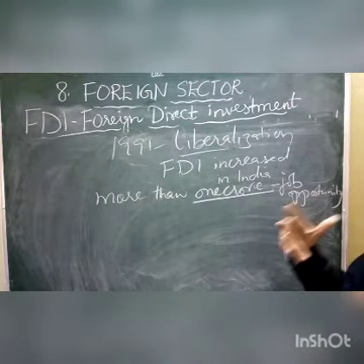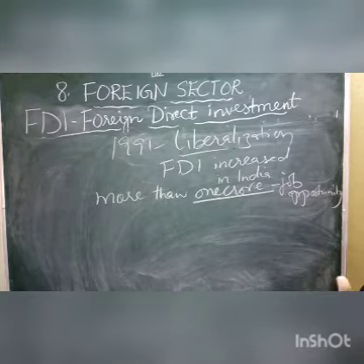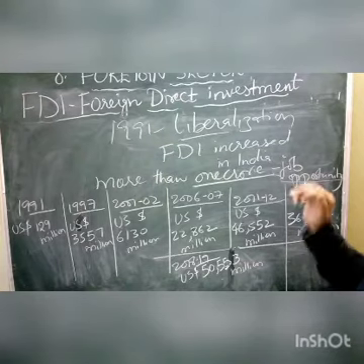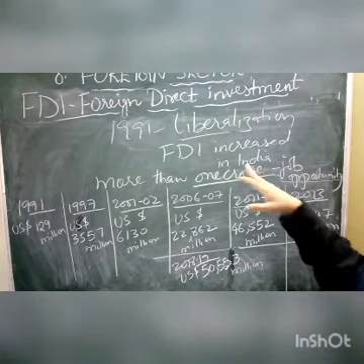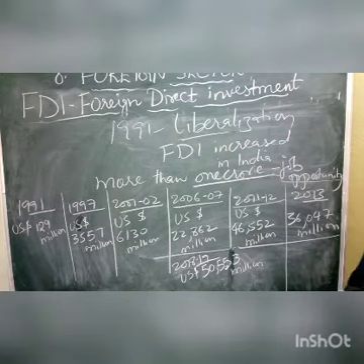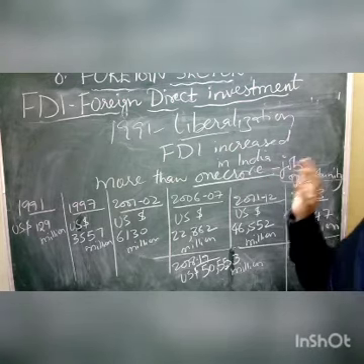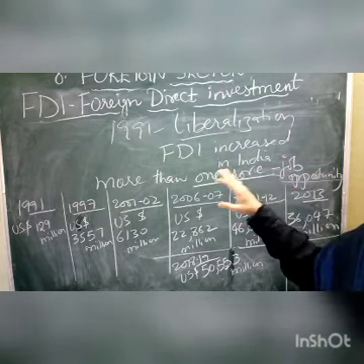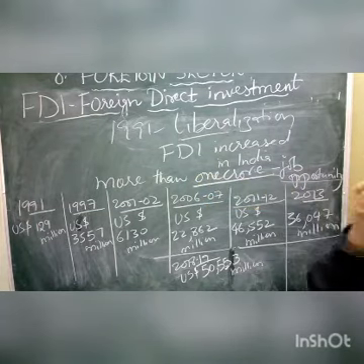So actually, how much was invested, children? Let us take now how much was invested. What we find is that because of the 1991 liberalization policy, FDI in India increased a lot, and nearly more than 1 crore job opportunities were opened for the people.